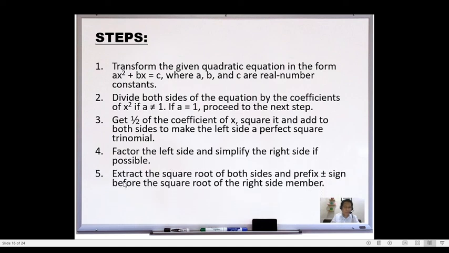The fifth step, extract the square root of both sides and prefix the positive and negative sign before the square root of the right side member. And we have the last step, solve the resulting linear equation. So there are 6 steps to consider in solving quadratic equation using the method of completing the square.